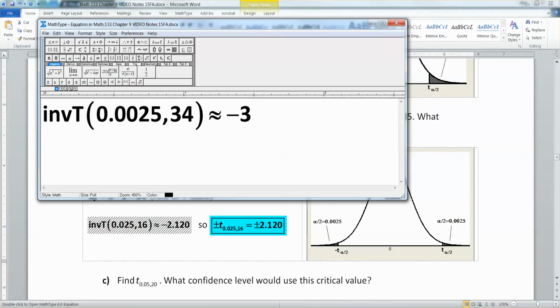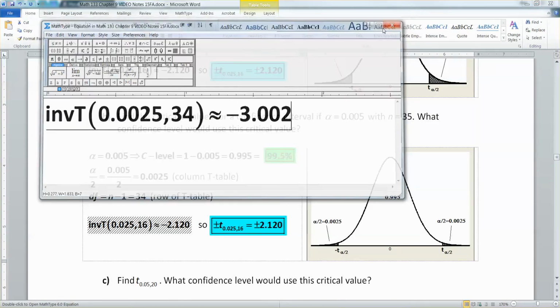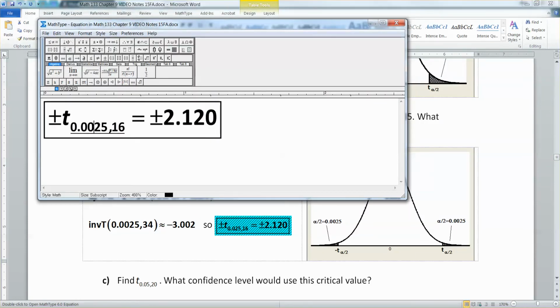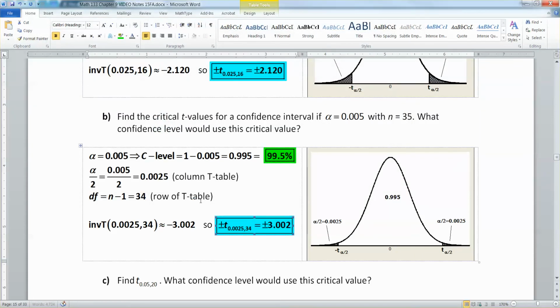So negative 3.002 approximately. So that means that our answers are 0.0025 comma 34 because that's my degrees of freedom, and that's 3.002. I don't need to worry about the plus or minus because the plus minus symbol will take care of it. The positive one's on the right, the negative one's on the left.